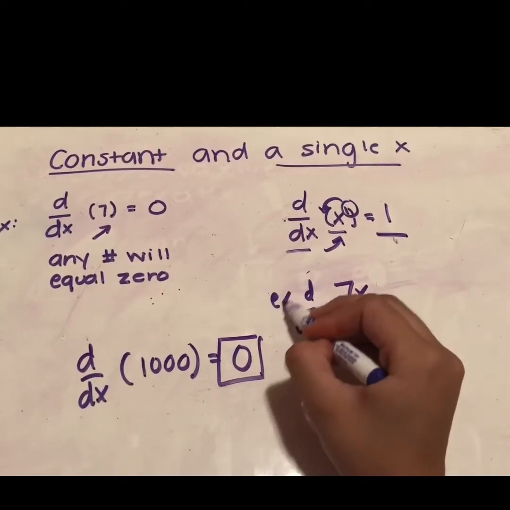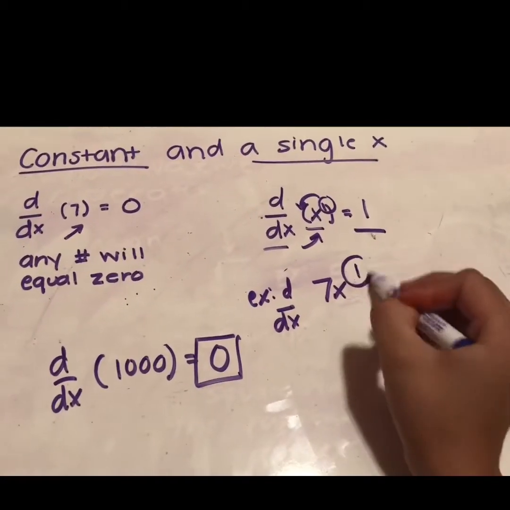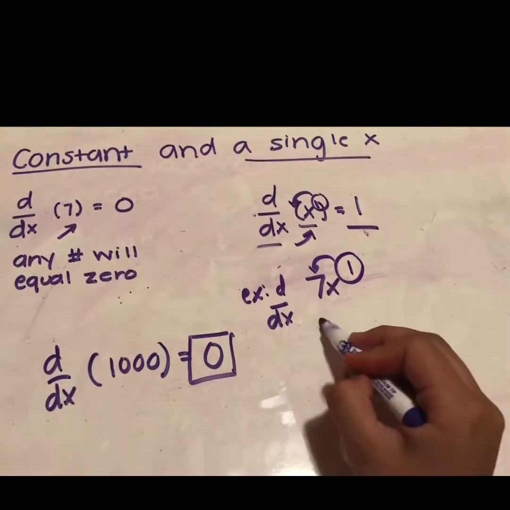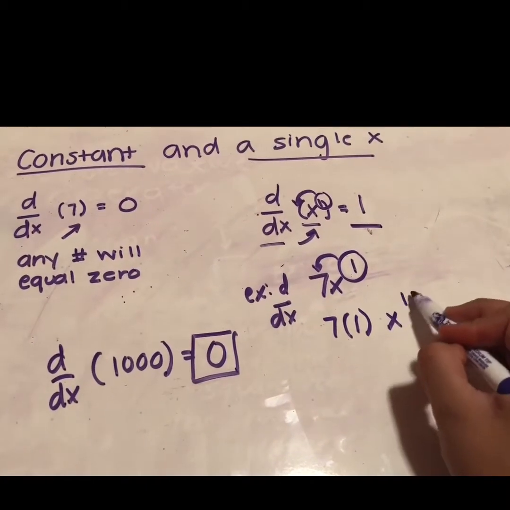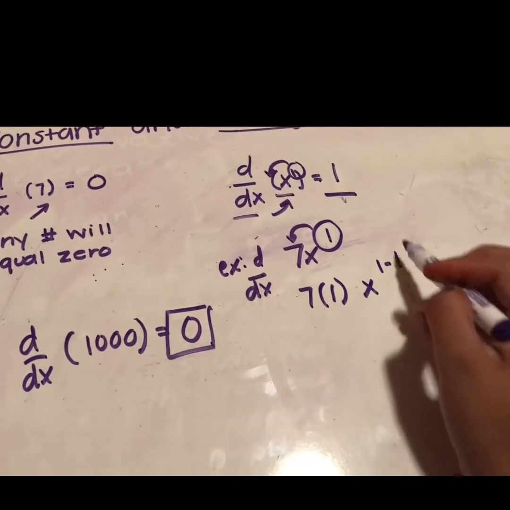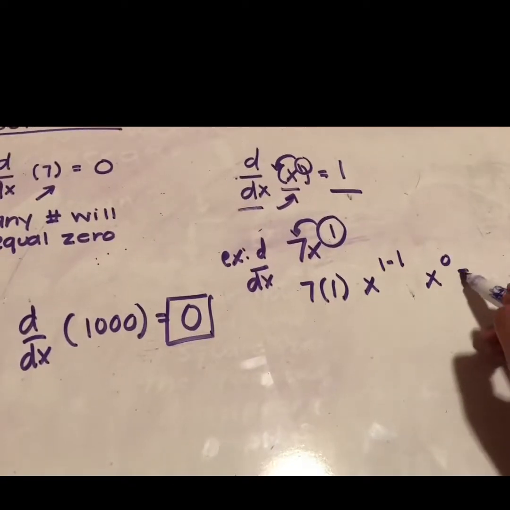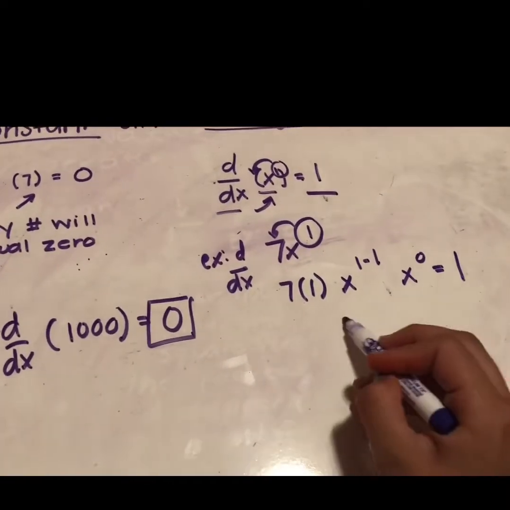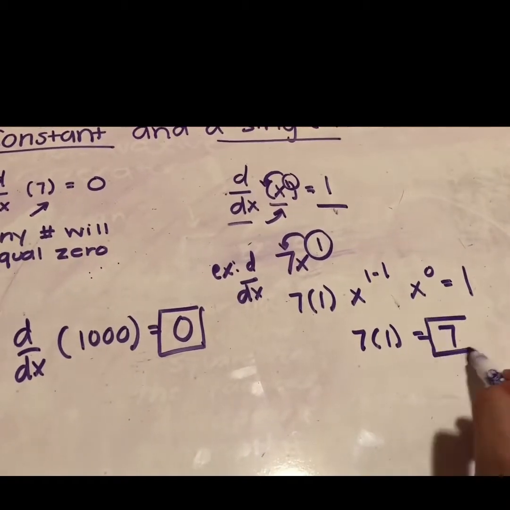Then we see that there's the invisible 1, so then we have to bring it to the front, and that would be 7 times 1, and then x, and then we have to subtract the 1. So then it would be x to the 0. And the rule for this is that anything to the 0 would equal 1. So then it would be just 7 times 1, and the derivative would be 7.